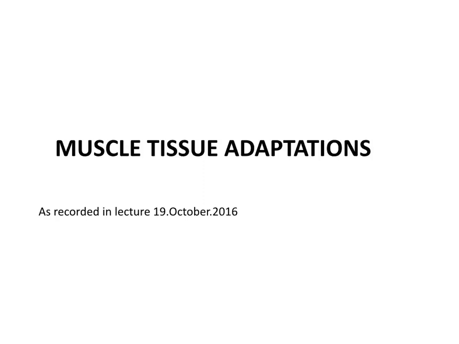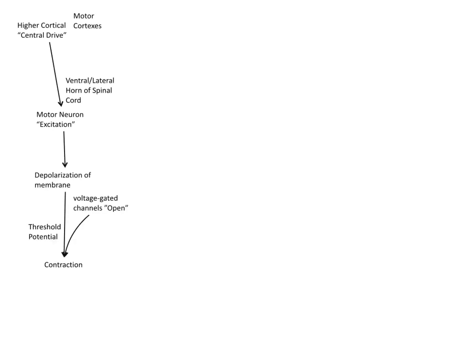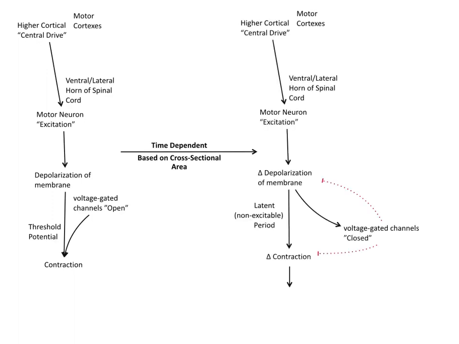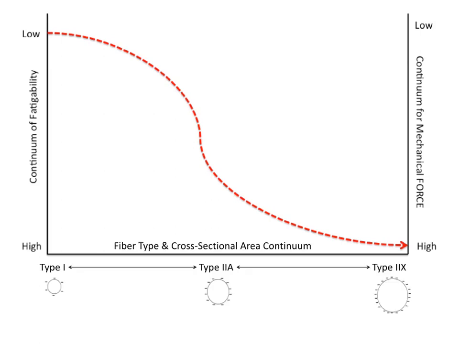So let's talk a little bit about how muscles respond. And in order to understand how muscles respond, we have to first understand how fatigue develops. The way in which we look at fatigue is based off of a cascade of events that occur within the muscle that leads to the loss of mechanical force.